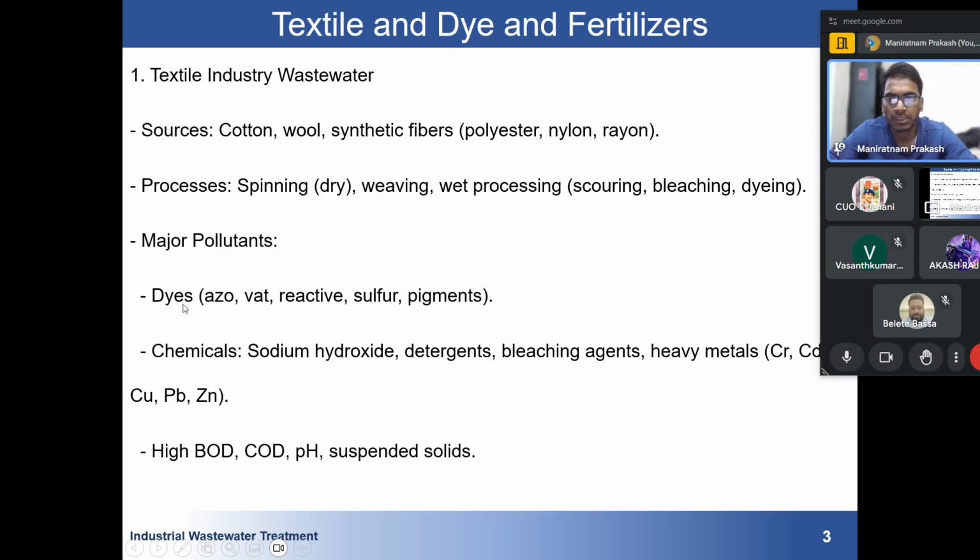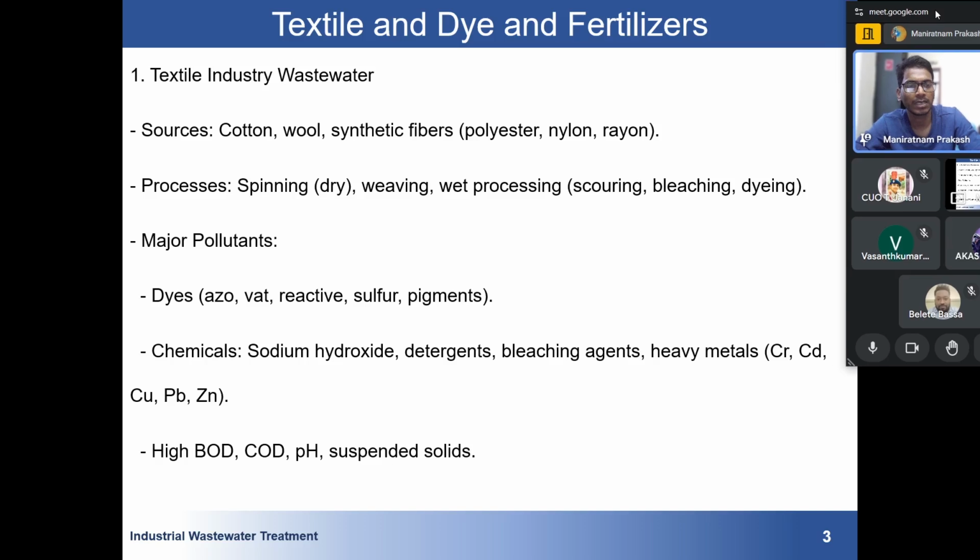The major pollutants are dyes. Some chemicals are also used, such as sodium hydroxide, detergents containing longer chain molecules, some phosphate, and bleaching agents. Then there are heavy metals such as chromium and cadmium. These are some of the coloring agents used, and once dissolved in water, they remain in the water. If not treated well, this can go into the wastewater and impact our environment.